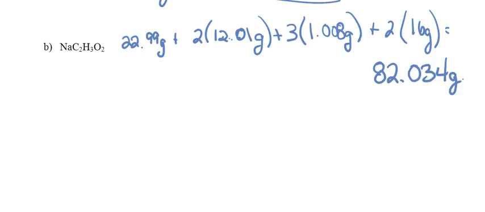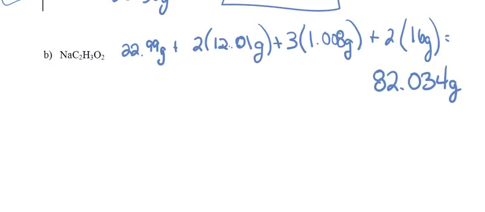I just want to double check and make sure that the Microsoft calculator is good. Okay, 82.034. Good. All right, so to find the percent, we're going to do the same thing.